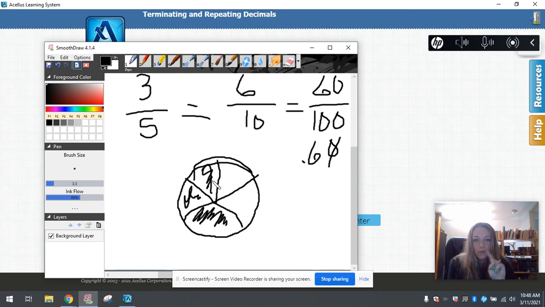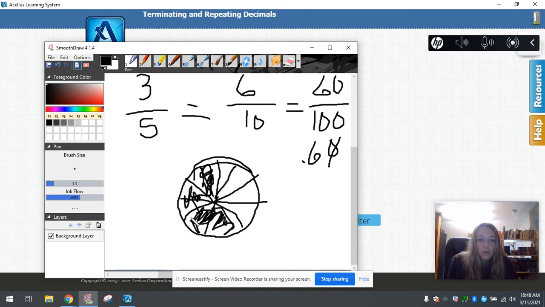But imagine we didn't cut it up into fifths. We cut it up into tenths. So in the first example, I ate 3 out of the 5 pieces that the pizza was sliced into. In this case, I'm eating 1, 2, 3, 4, 5, 6 of the 10 pieces I've sliced my pizza into. It's the same amount of pizza either way. I'm still eating this amount of the whole entire pizza. Okay?